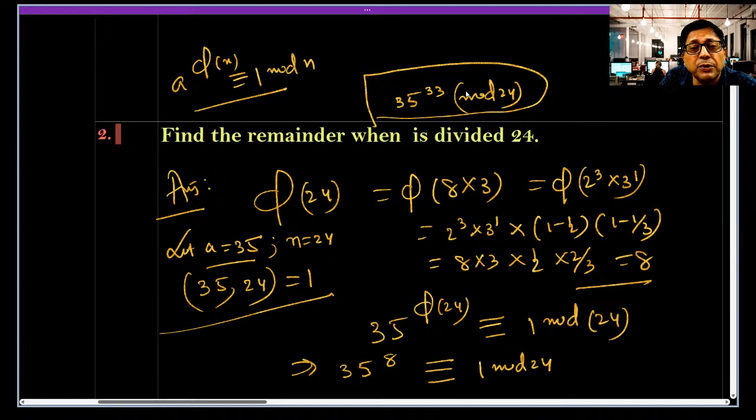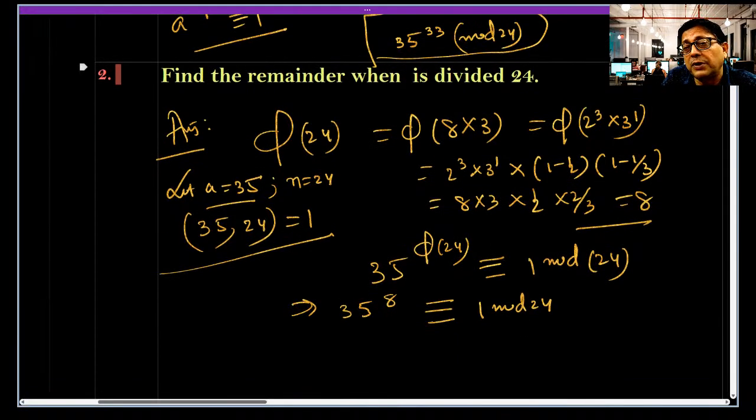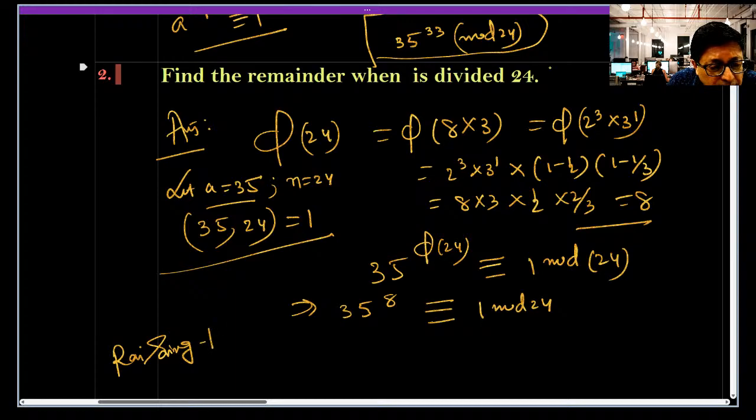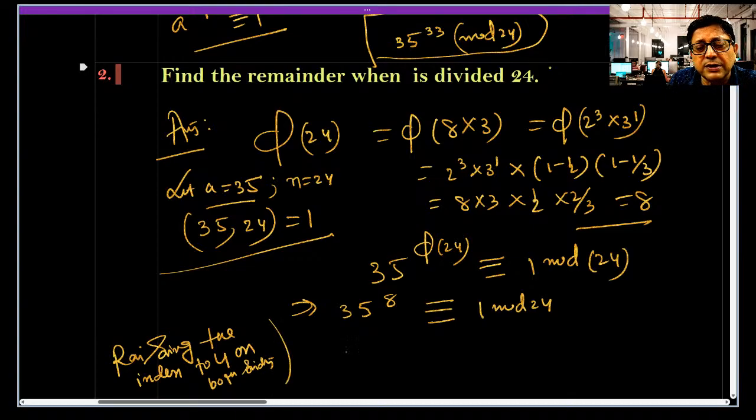But we need 35 to the power 33. How to get 35 to the power 33? You just do it by raising the index to 4 on both sides.